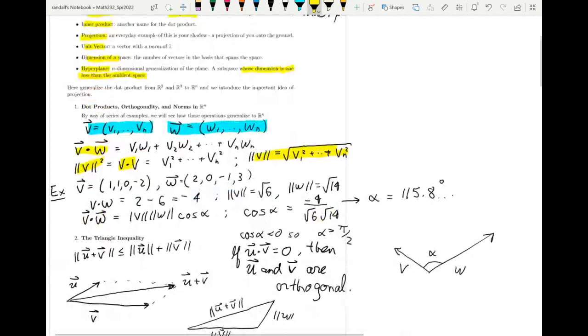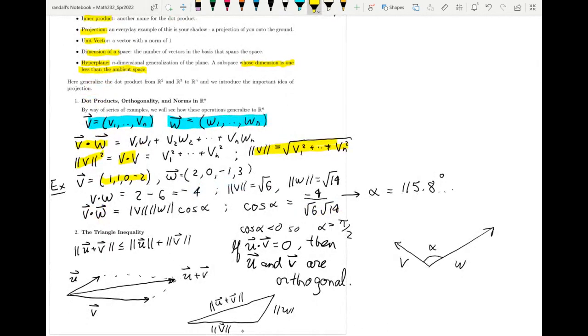So for example, here I have 2 vectors in R4, and I can compute their inner product. Let's take the product of the components. So V dot W will be 1 times 2 plus 0 minus 6. So 2 minus 6 equals minus 4. So that's the dot product of V and W. The norm of V is the square root of the sum of the squares of its components.